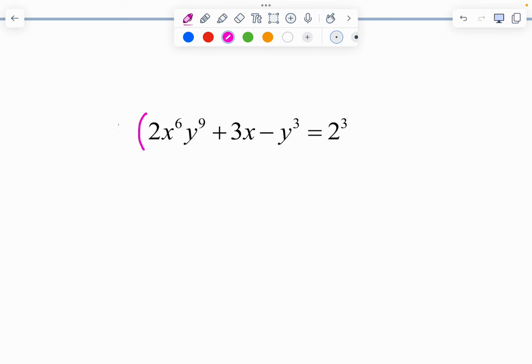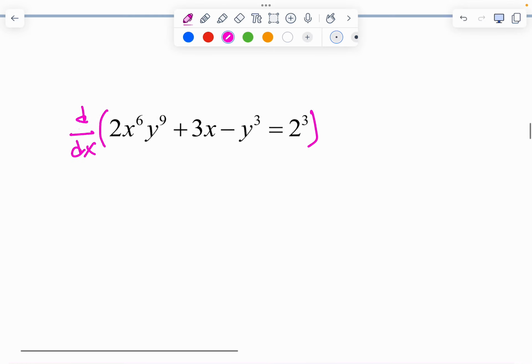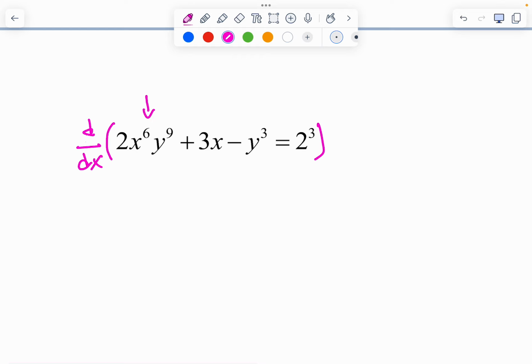We are going to derive this function with respect to what? X. And I'm going to rewrite something because I see a product rule right here. This right here, let's all write it as 2x to the power of 6 and 1y to the power of 9. So then that way it's cleanly separated for us to use product rule. So here we go. Let's kind of recall product rule.